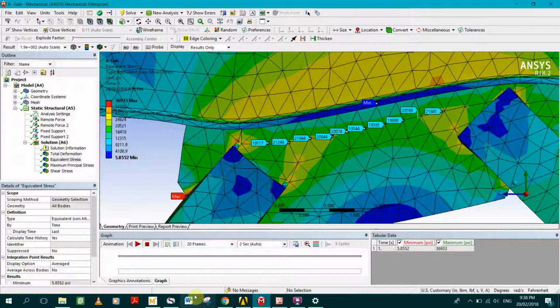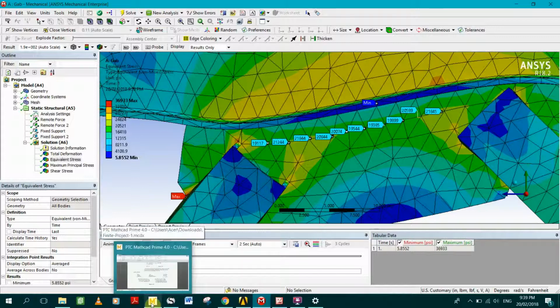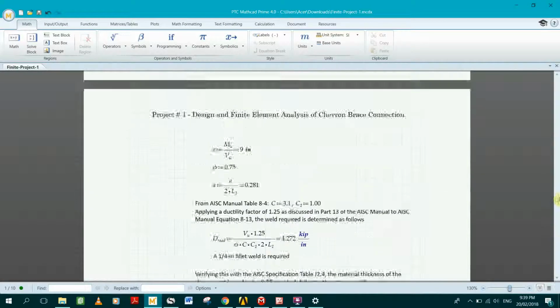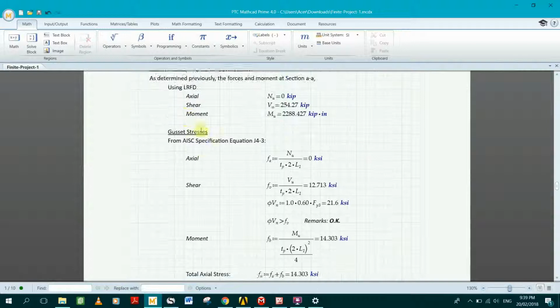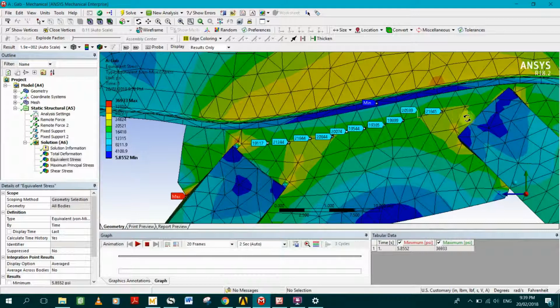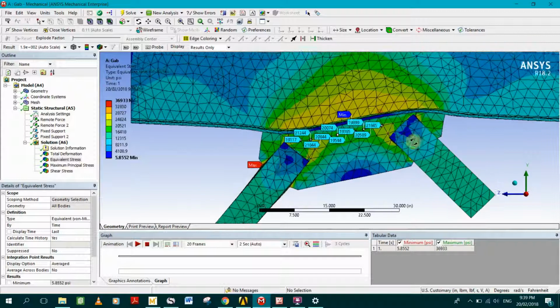We will compare this with the value that we obtained from the Whitmore section from our mathematical computations, and the gusset stresses based on AISC specification J4.3, the shear is equal to 21.6 KSI, which is very close to the values shown here. And so we can say that the model is closely following the mathematical model.